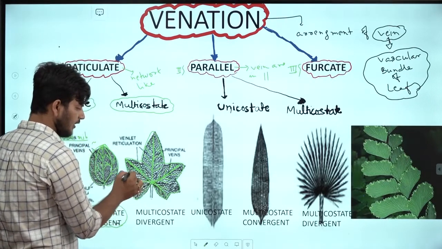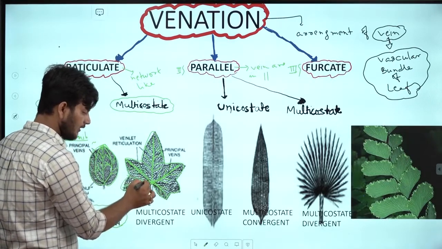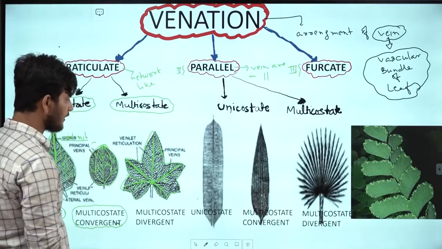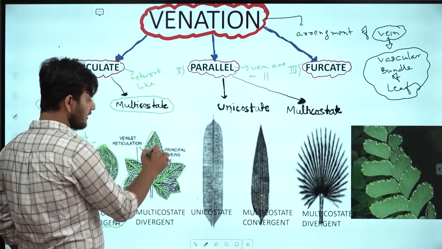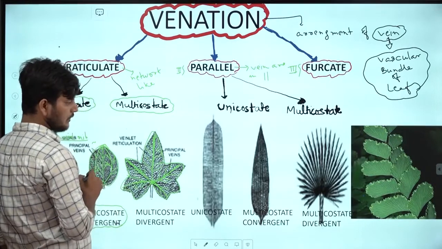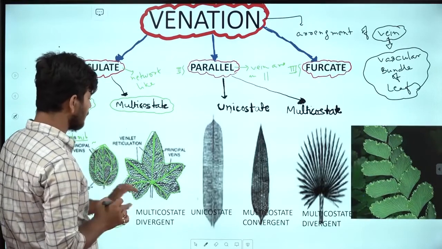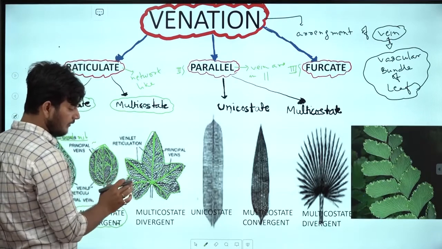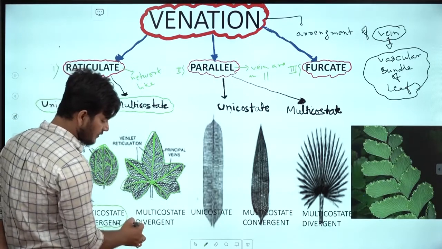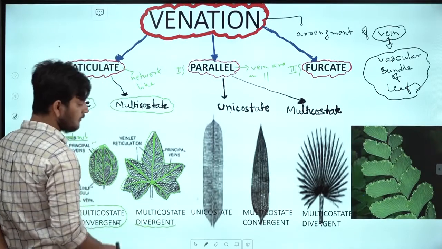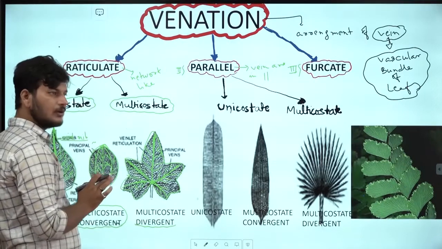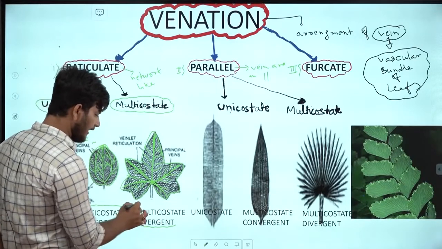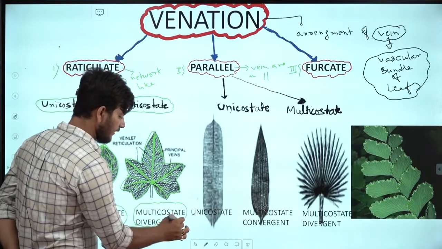From the secondary veins, tertiary veins also originate. If this type of venation forms, it is a divergent type of venation, a reticulate type, termed multicostate divergent venation.